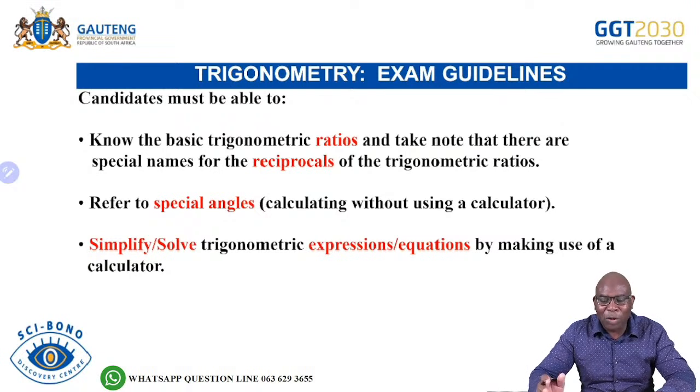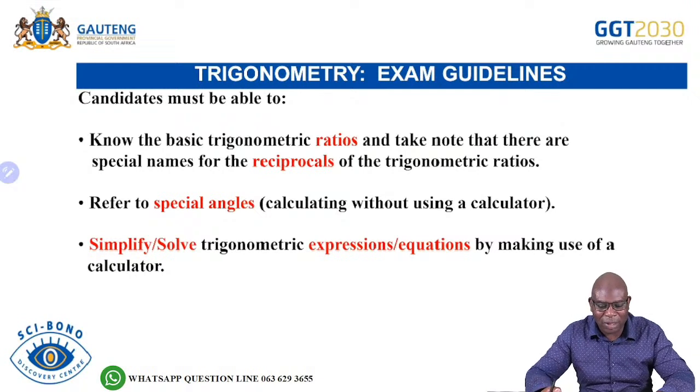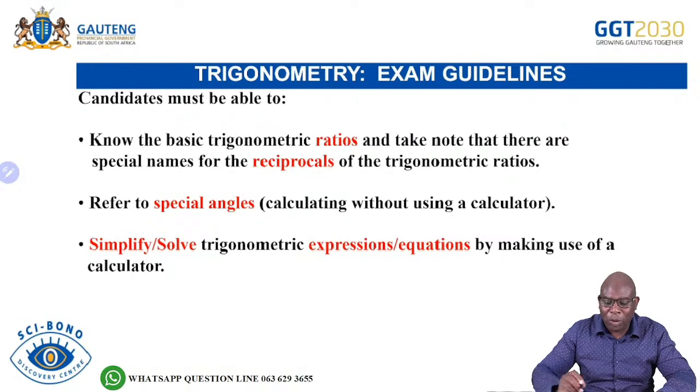Okay, in trigonometry, we are also going to look at the free marks or the marks that we can be able to get. And up to 50 marks, we can get up to 30 marks in the trigonometry. And let's look at this paper and see how we can get it. The first thing, candidates must be able to, so in other words, you must be able to know, to understand the basic trigonometric ratios.